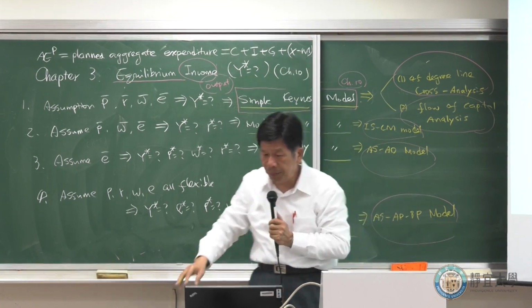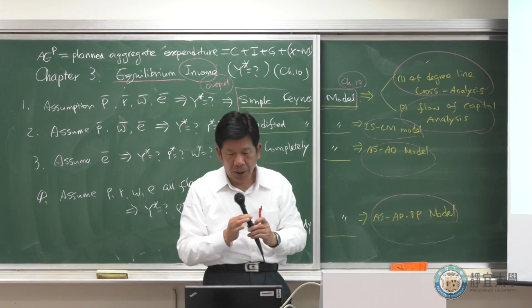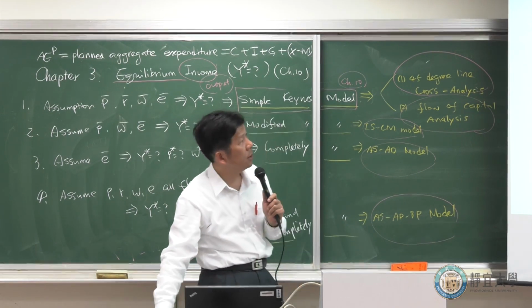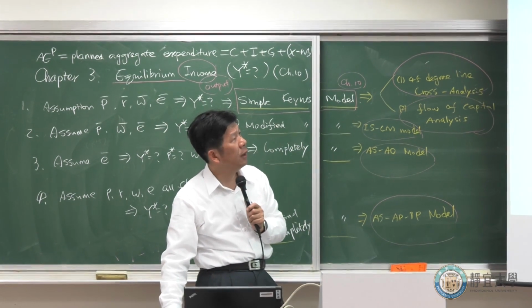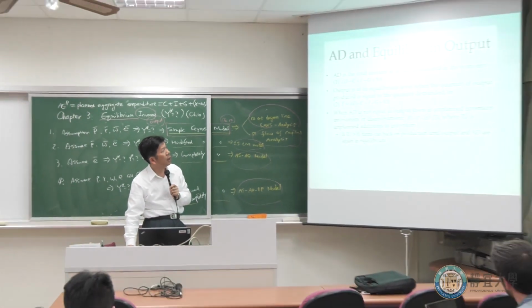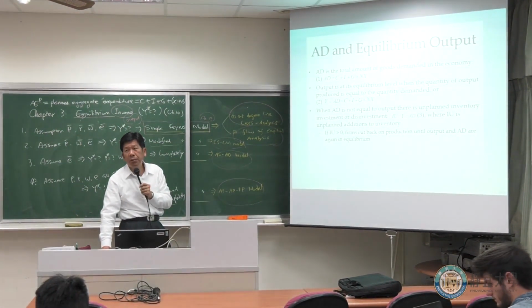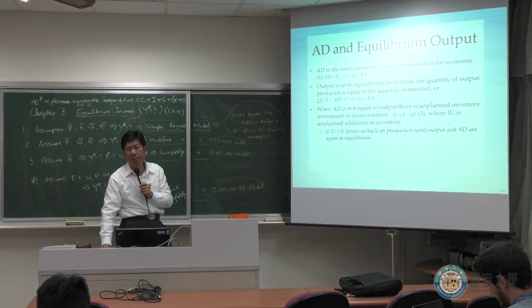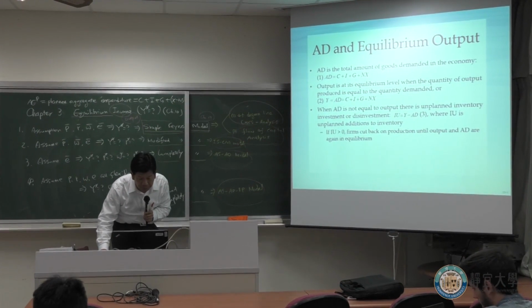Okay, so we can try to find these things. And after that, you can see NX. NX means X minus N. Okay, this is net export. It represents X minus N. So you can find it.